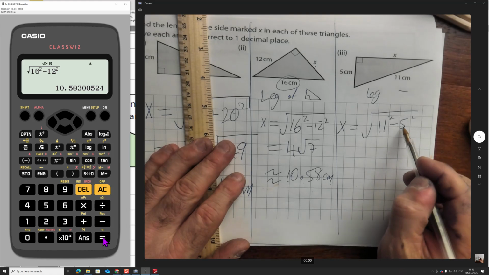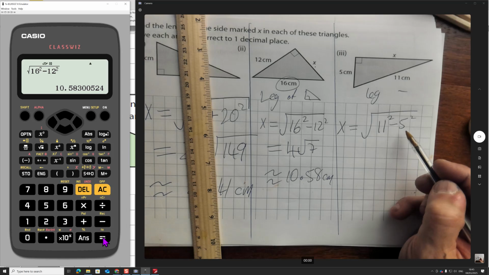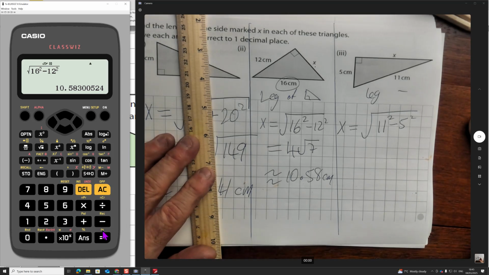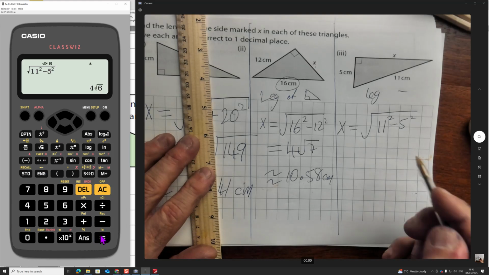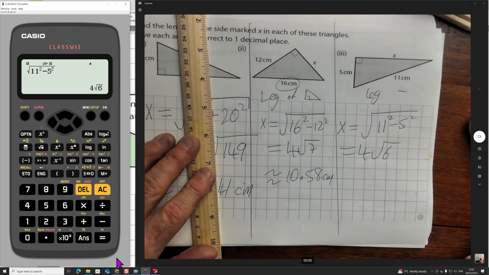If these are just 2 apart or 1 apart, we could use the difference of 2 squares, mental maths, not worth it. Clear, square, big square first, minus little square second, equals, shift equals.